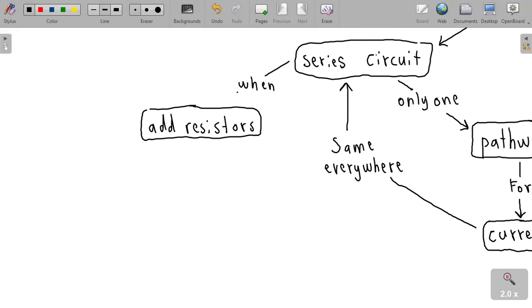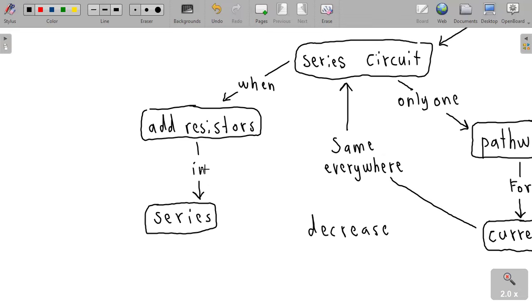When you add resistors in series, there will be a decrease. There will be a decrease.